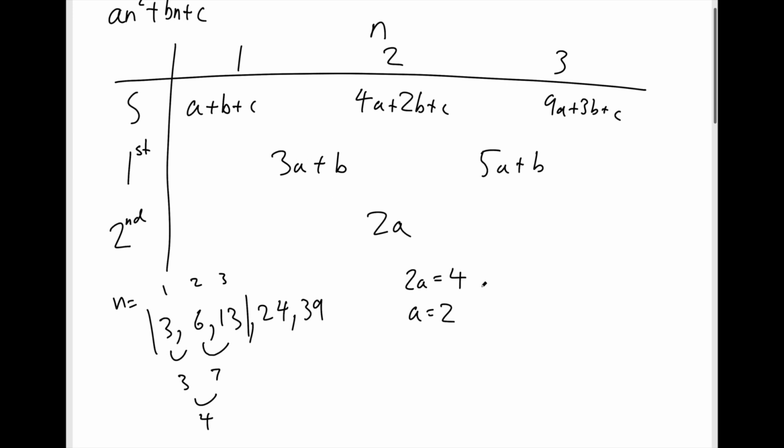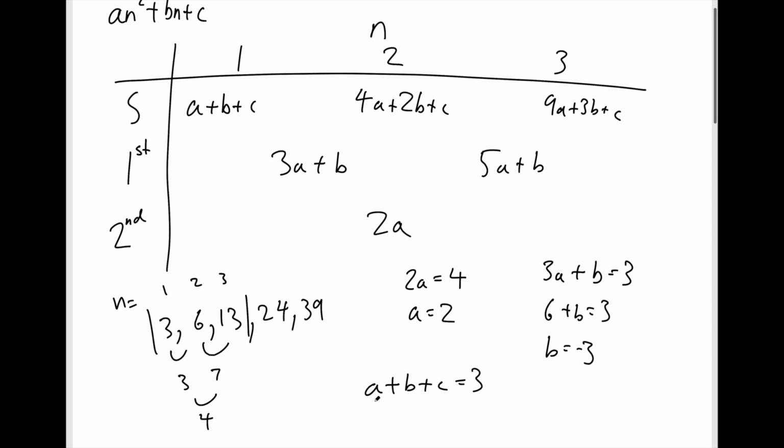Then 3a plus b is 3, yes. Therefore, since we already know a, which is 2, this is 6 plus b equals 3. We now know b is minus 3. And we work our way backwards until we reach the top line. That is a plus b plus c, yes, is 3.